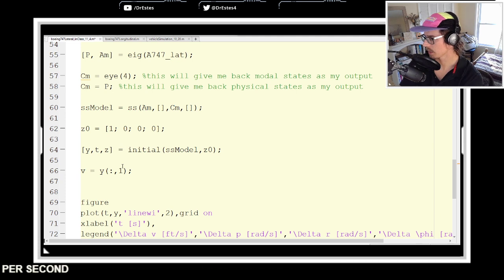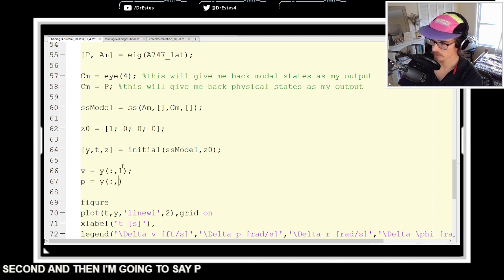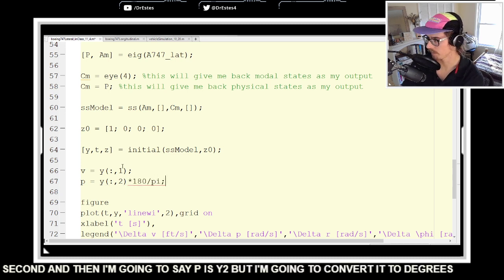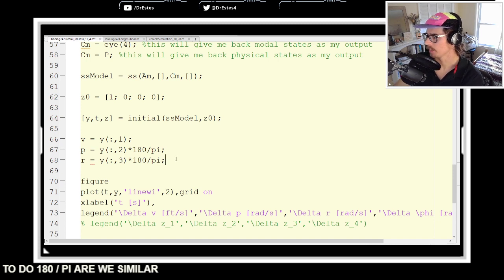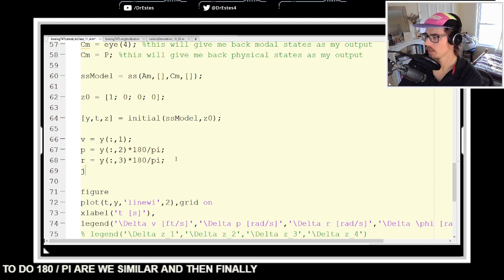And then P is Y2, but I'm going to convert it to degrees, so I have to do 180 divided by pi. R will be similar. And then finally, phi is Y4.